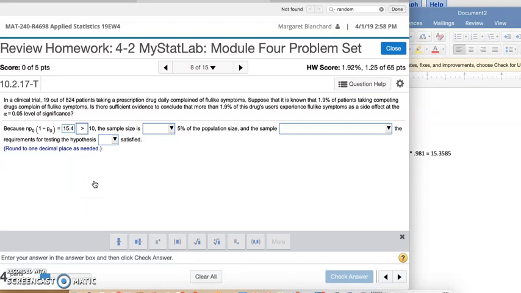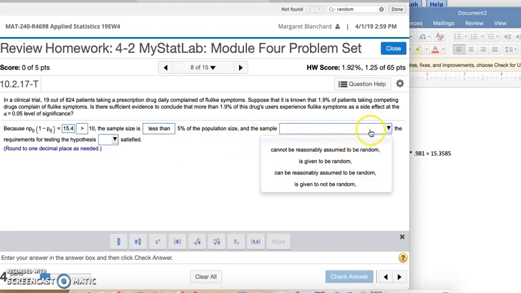Now, it doesn't talk about the population size, but it does say that it's a clinical trial. When it's a clinical trial, you can assume that they met those requirements. So in this case, we're going to assume that the sample size is less than 5% of the population size. Again, that's one of the requirements for hypothesis testing. And for the sample, this is talking about whether or not it's random.